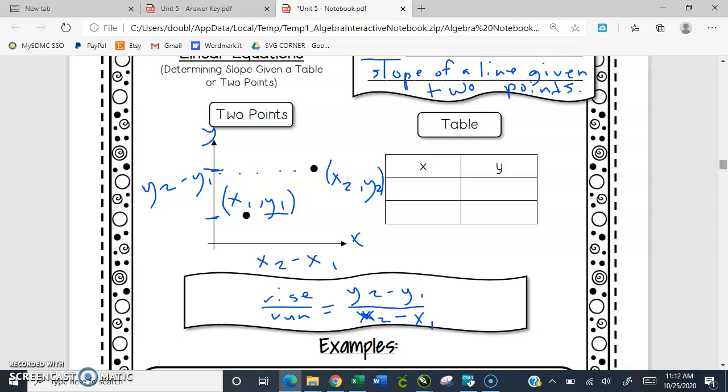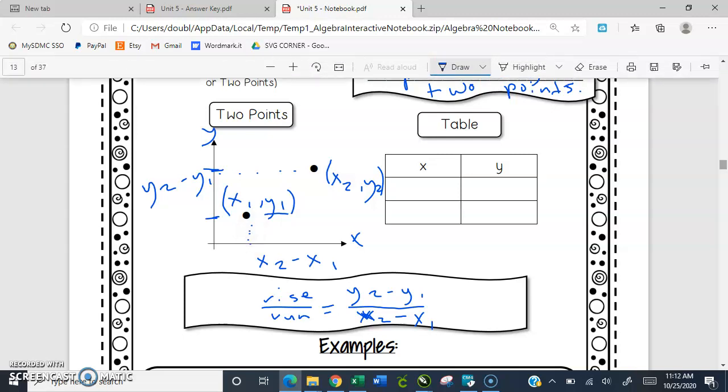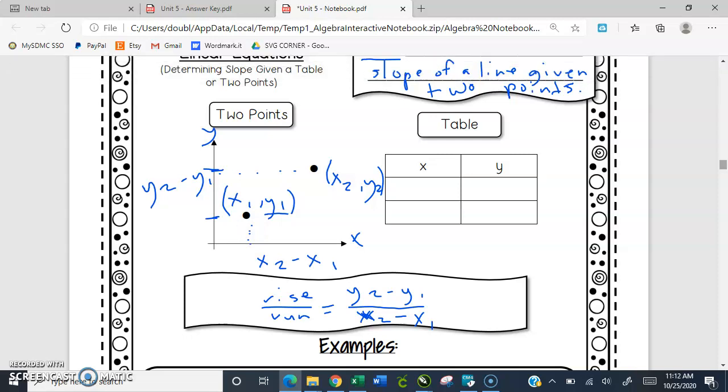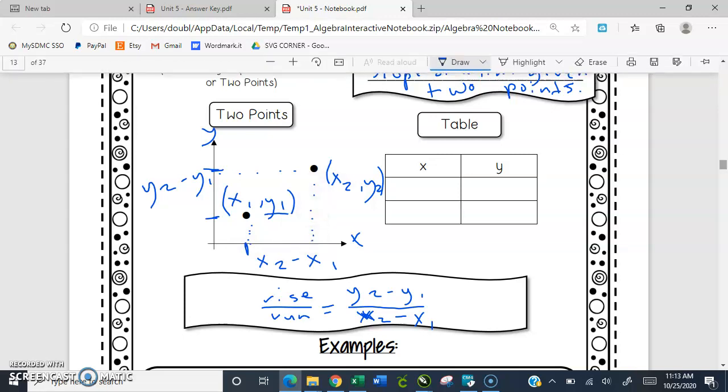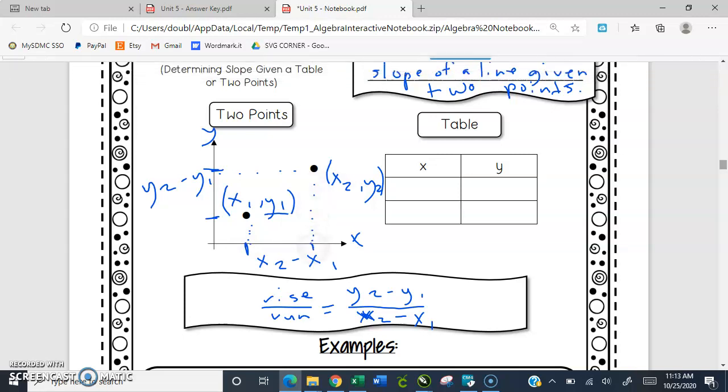A lot of times it's already in the ordered pair, or once you figure out the point that's plotted, you can look up your x's and y's. For your x's, you can go to the right and figure out what your x1 is, and it'll be somewhere here. I'm just talking about this example problem. And then this will be your x2.